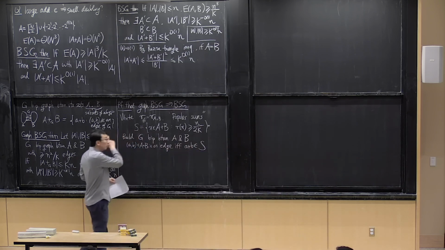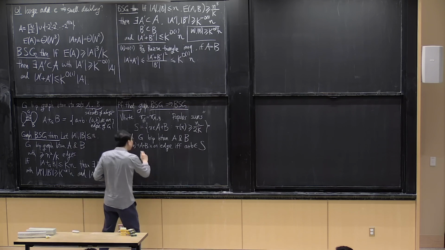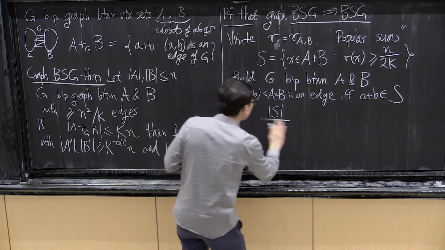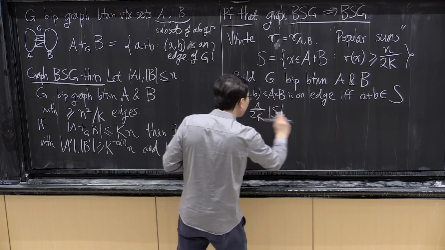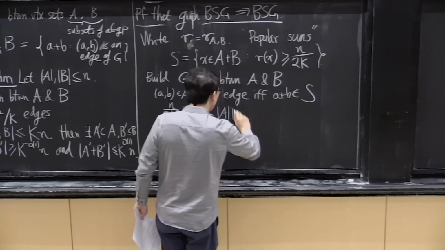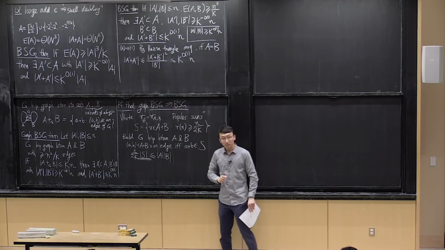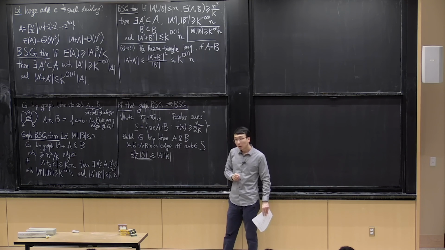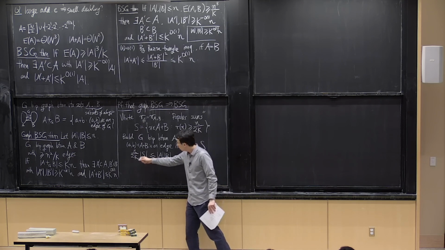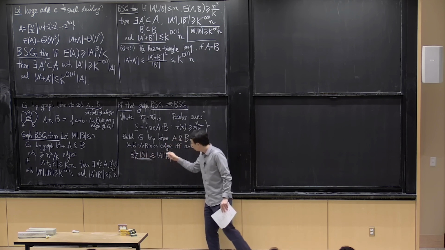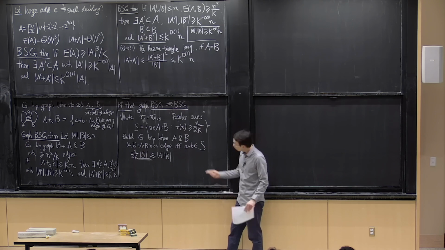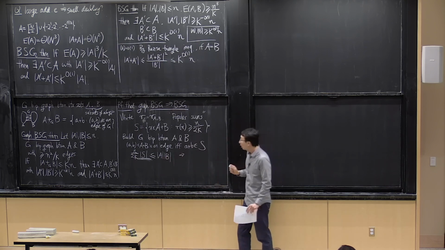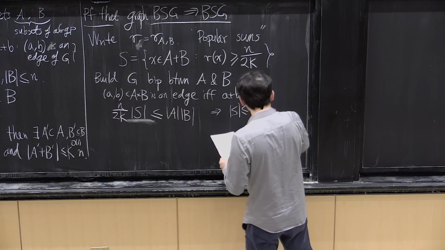On one hand, because each element of S is a popular sum, if we consider its multiplicity, we find that the size of S multiplied by n over 2k lower bounds the size of A times the size of B. So if you think about all the different pairs in A and B, each popular sum contributes this many times to this A cross B. So as a result, because the size of A and the size of B are both at most n, we find that the size of S is at most 2kn.